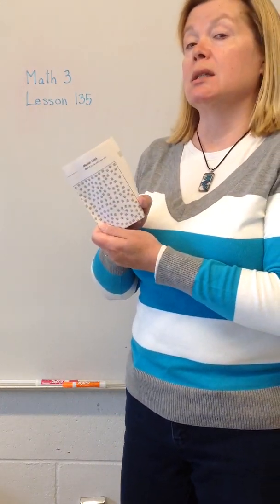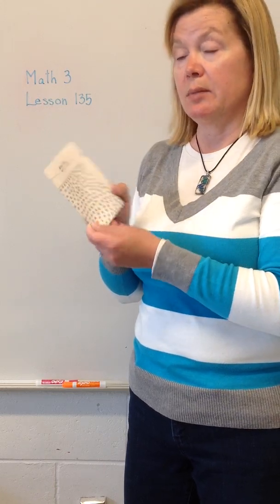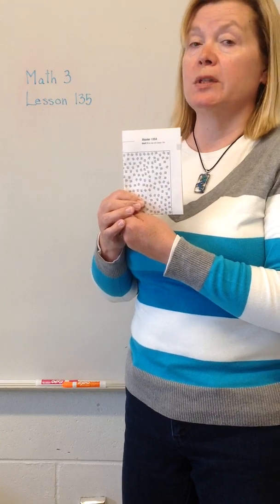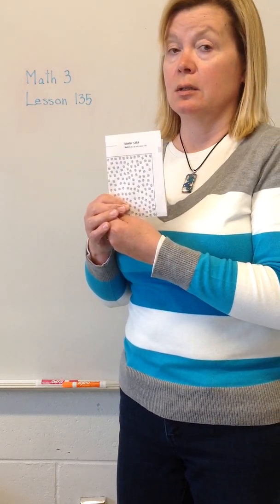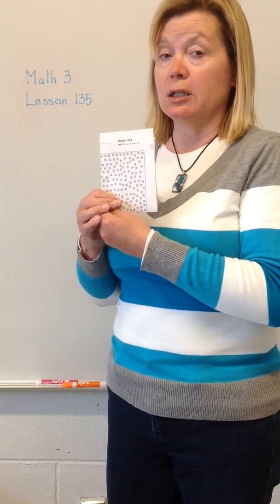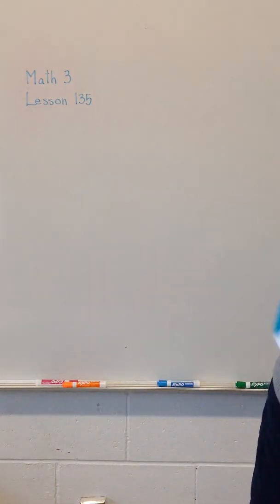We are going to make this easy on ourselves to be able to count how many ladybugs are in this square. We are going to group them by tens, and we're going to color a group of 10 ladybugs one color, and then we're going to move on to a different color. So I'll show you what I mean.